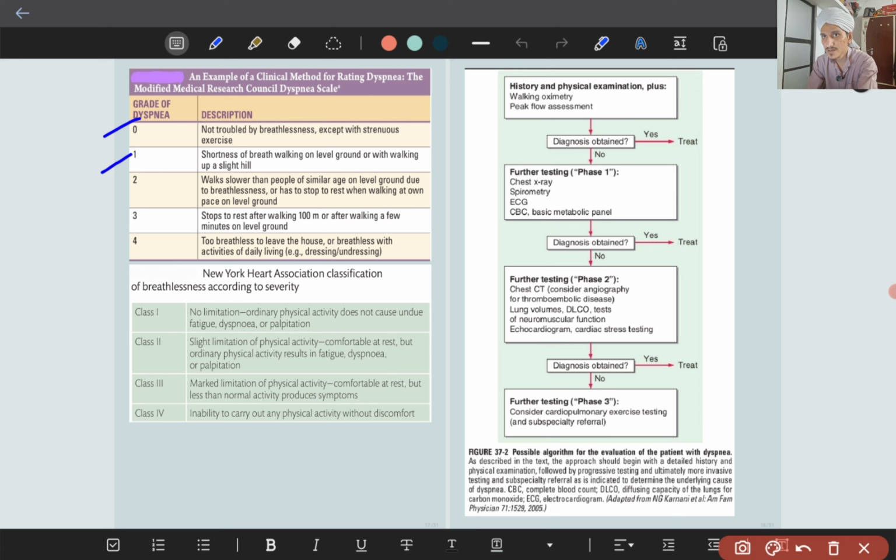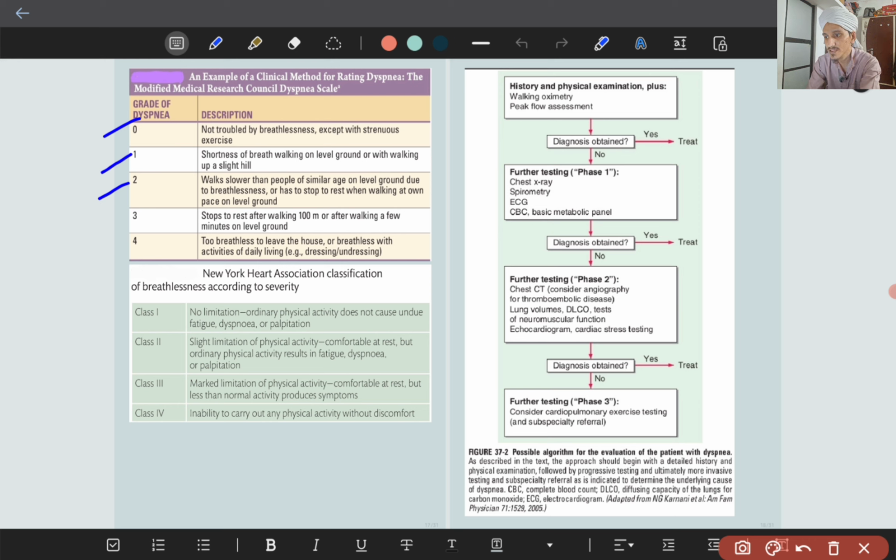Walking on level ground will produce shortness of breath, or if he walks up a slight hill, then that is grade 1. Grade 2 is walks slower than people of similar age on level ground due to breathlessness, or has to stop to rest when walking at own pace on the level.